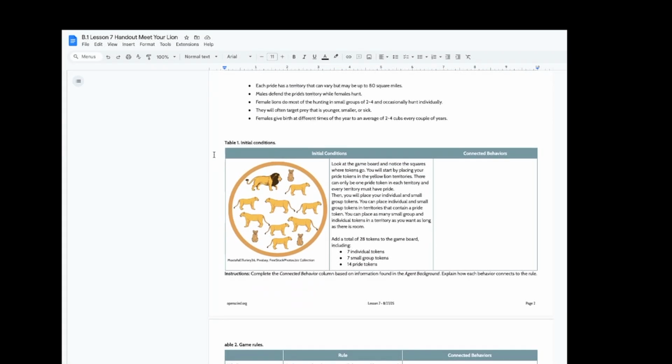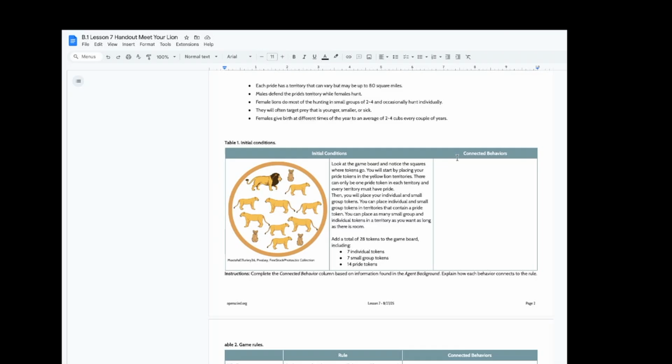Then there's going to be this first table, initial conditions, and this is about how to set up the game board. And I would not suggest doing this right now. I think I would just have them read about it and know that they're going to add 28 tokens to the game board. These are the types of tokens. And then they're going to, in this connected behaviors column, explain how each behavior connects to the rule.